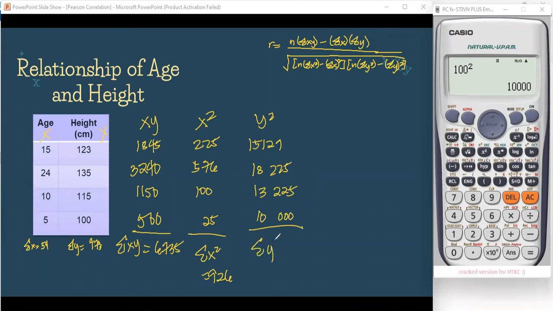So our summation of y squared is equal to 15,129 plus 18,225 plus 13,225 plus 10,000 is 56,579.